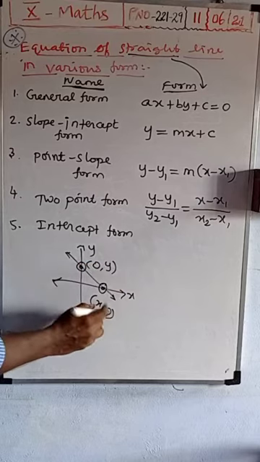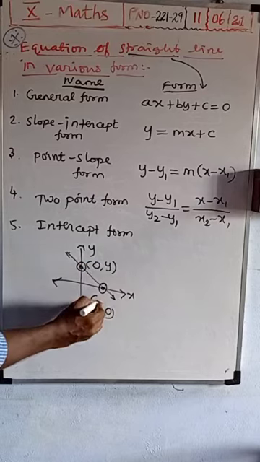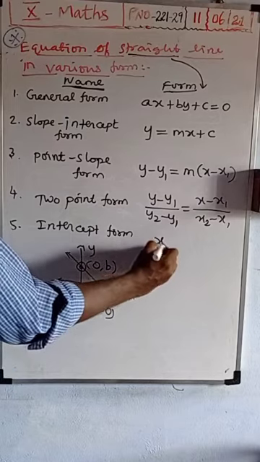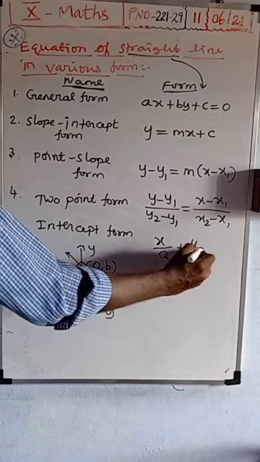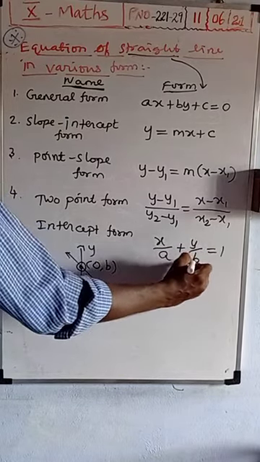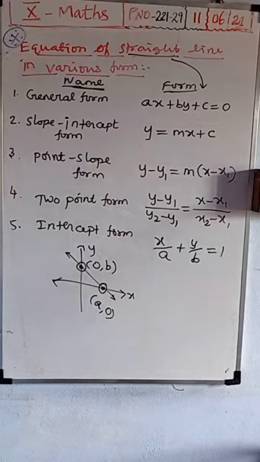So the x intercept is some constant, we choose A, and the y intercept B. Both intercepts given means the form is x by A plus y by B is equal to 1. This is intercept form, when the line intersects both the axes.